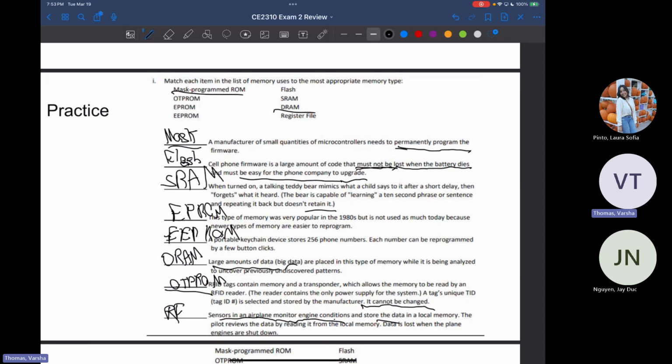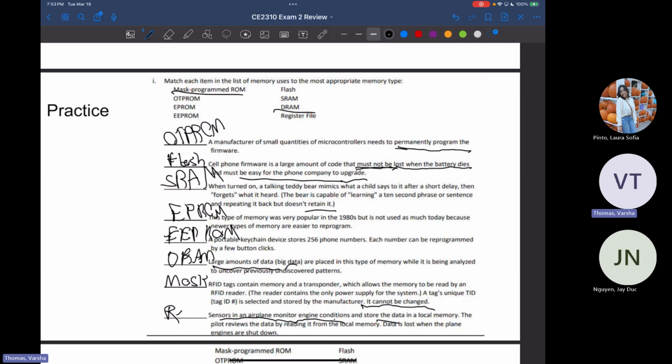Yes, so I was right at the beginning, but this will be OT-PROM. And sorry, I erased the flash. And then the second to last one will be mask. Sorry, I erased the DRAM.